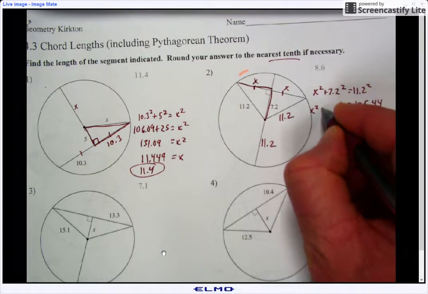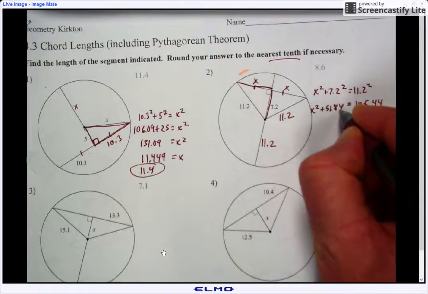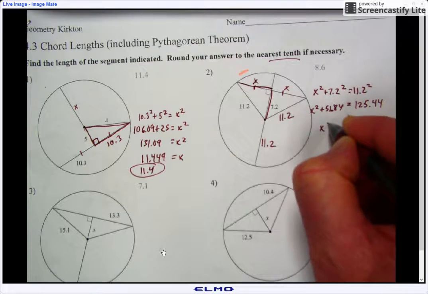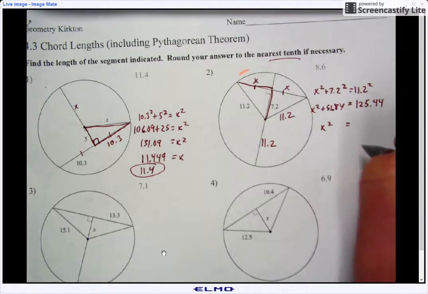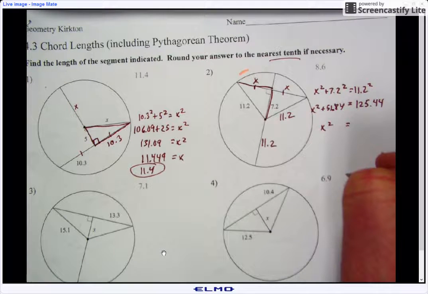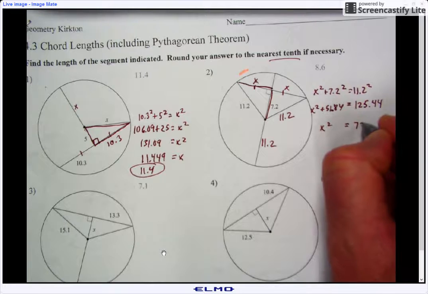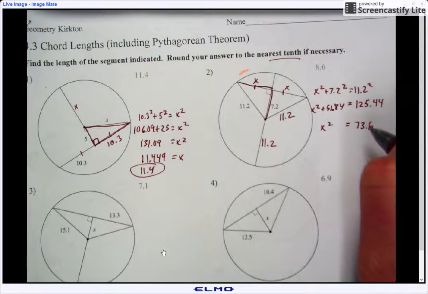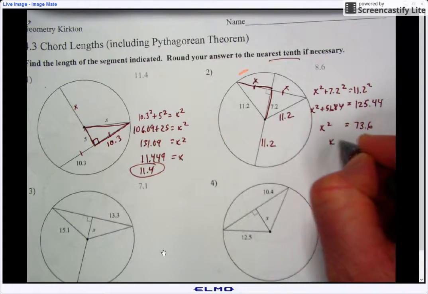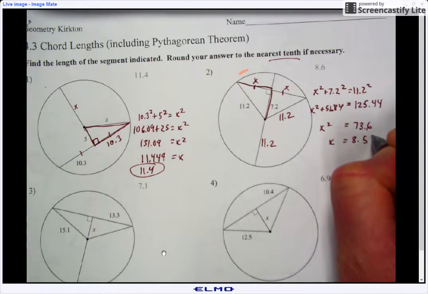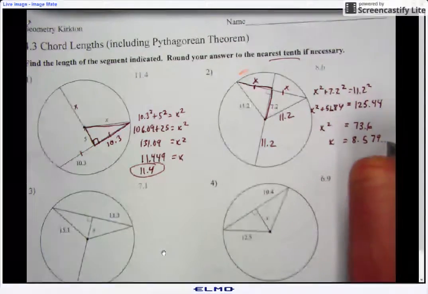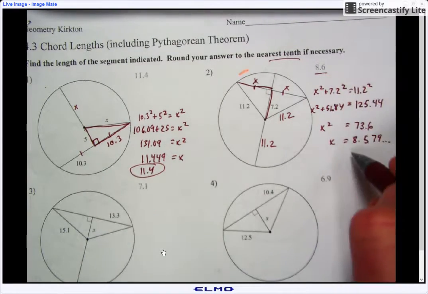So I have x squared plus 51.84, subtract. Good time to use a calculator. And then take the square root of your answer. 8.579, which rounds up to 8.6.